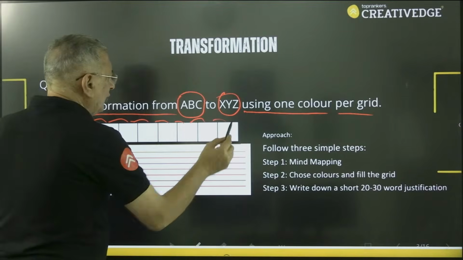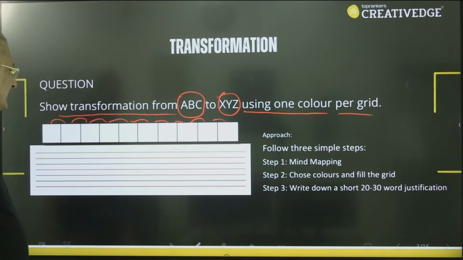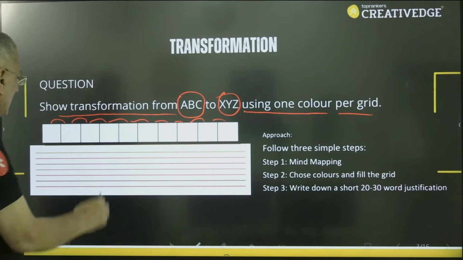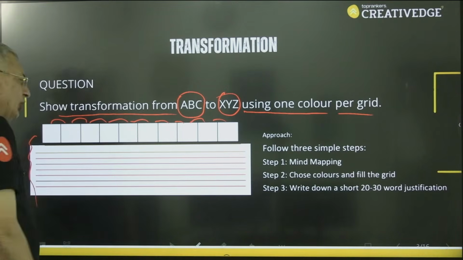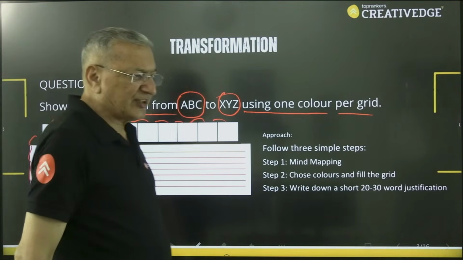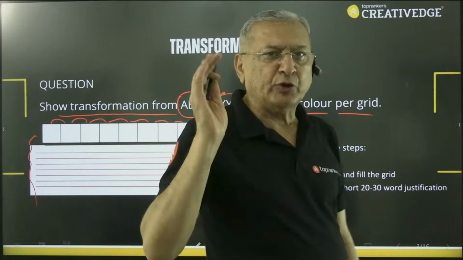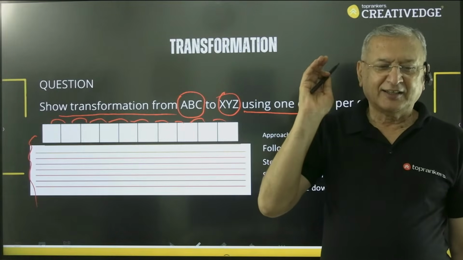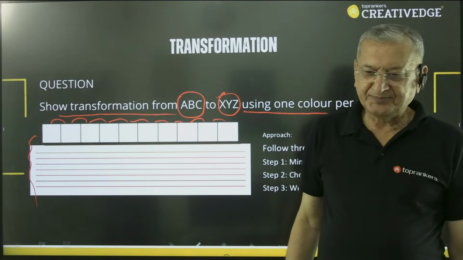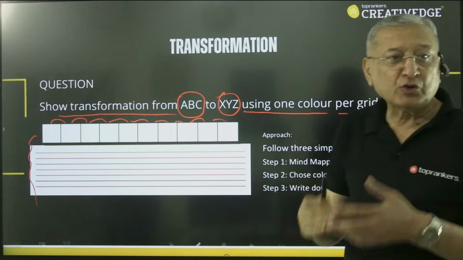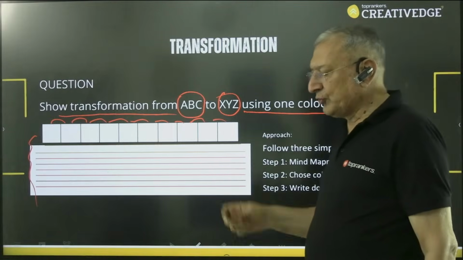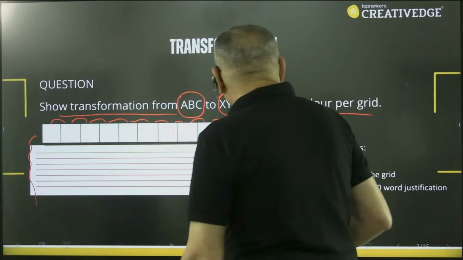Generally they give you 10 grids, and a space is given for your write-up, in other words, the explanation of what you have used in the grid and why you have used it. How would you do it? That is what I am going to tell you.